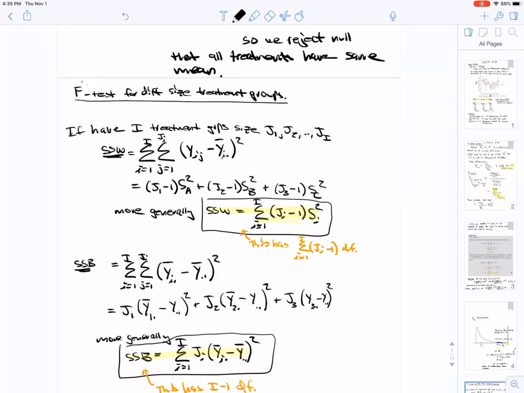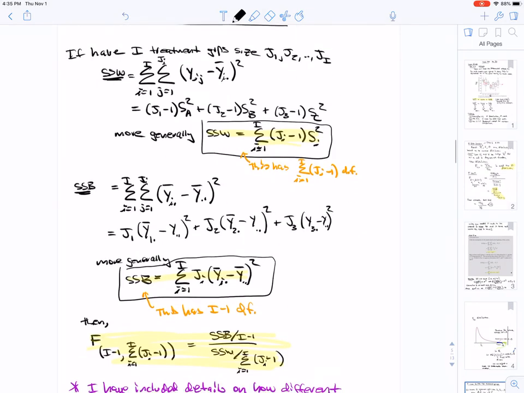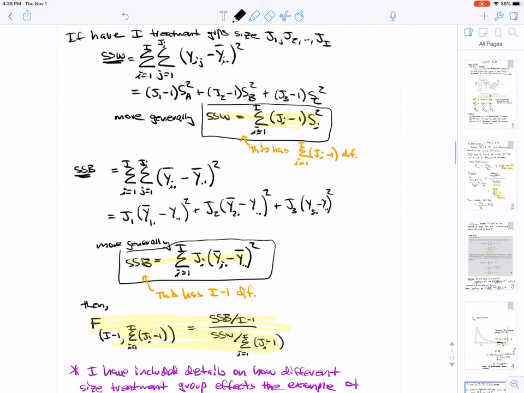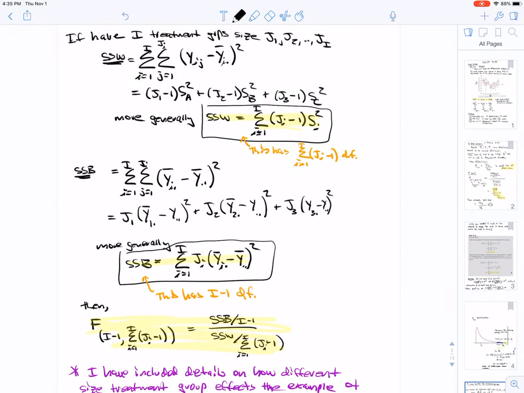So we introduced the ANOVA having the same treatment group sizes, but that's not necessary. All of what we've done can be extended for different size groups, and the degrees of freedom for SSW and SSB are what I've shown here. For SSW, it is now the sum over i from 1 to I of J_i minus 1.